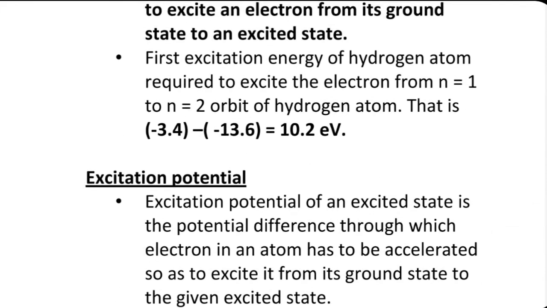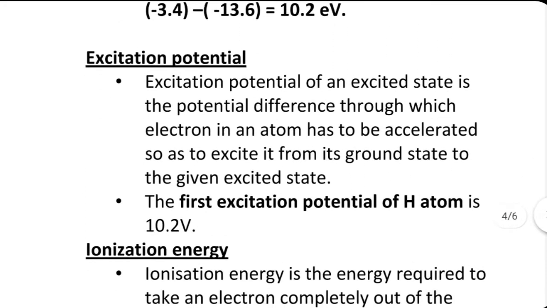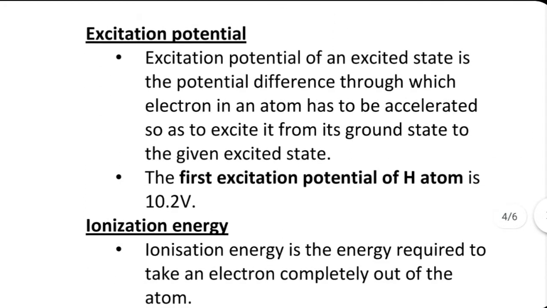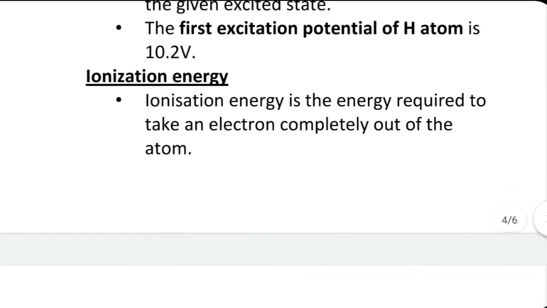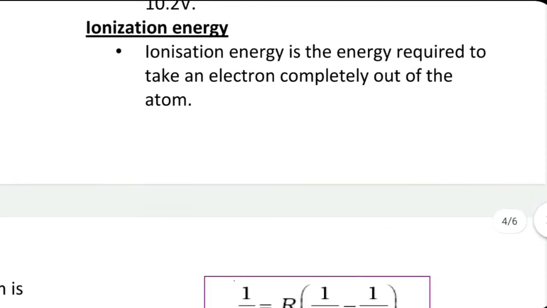Here we got the excitation energy for the first excitation, that means from n = 1 to n = 2, as 10.2 electron volt. So that 10.2 volt is called the first excitation potential. So the first excitation potential of the hydrogen atom is 10.2 volt.